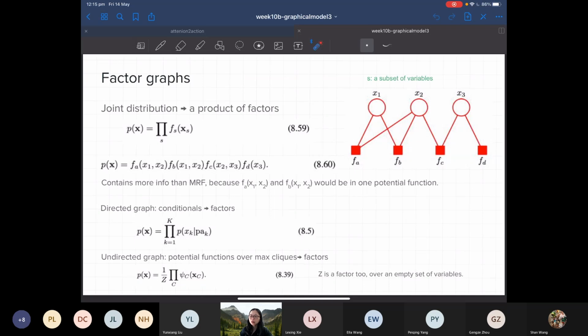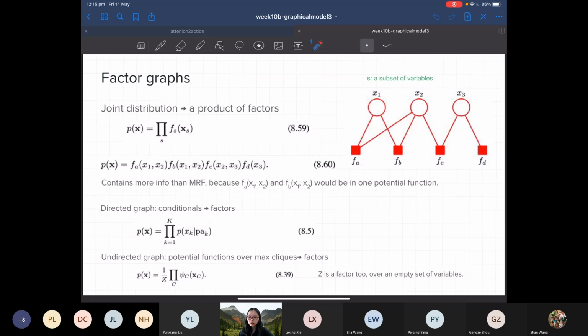If the nodes are connected as a directed acyclic graph, or Bayes net, we write them in this following format. Basically, the joint probability is a product of each variable conditioned on its parent nodes. And if it is undirected, we write it in this other general form. Basically, we model the joint probability as a potential function over maximum cliques.